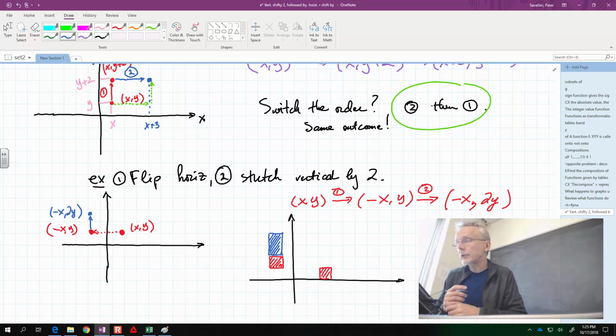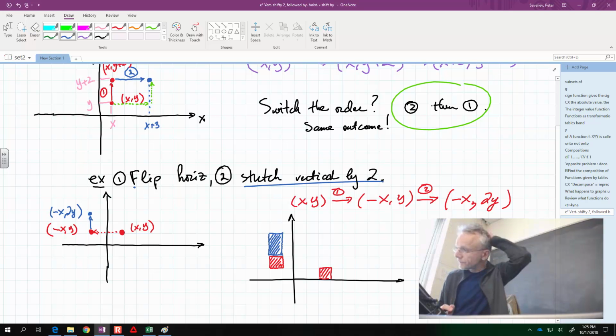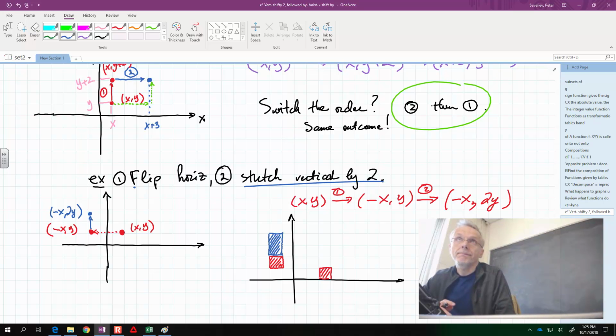No, I'm still talking about the stretch. Yes, this vertical stretch by 2. Well, the bottom of the square lies on the x-axis, which means that it's not going anywhere. The top is not, so the top will move, but the bottom won't. Okay, so this is the answer.